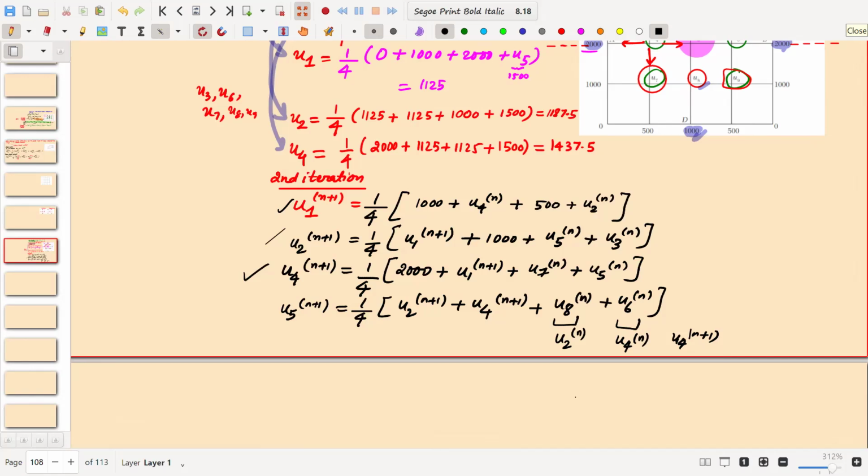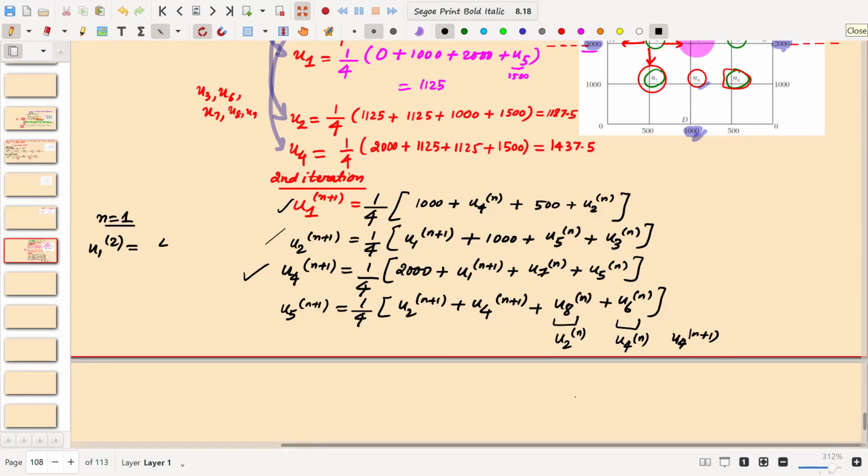So can you start computing the iterations? This will be homework for you. Okay. Submit that. So what is the idea? Put n is equal to 1. So u1 of 2 will depend on u4 of 1 and u2 of 1, right? And both of them we already have from the first iteration.